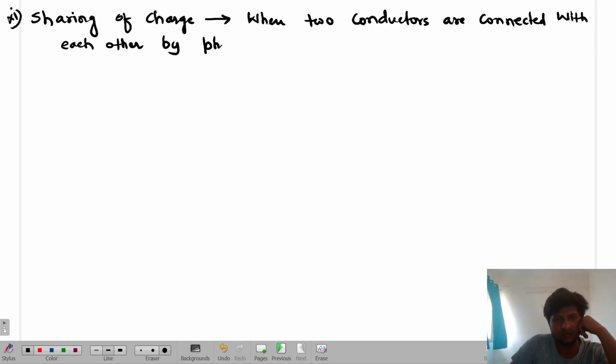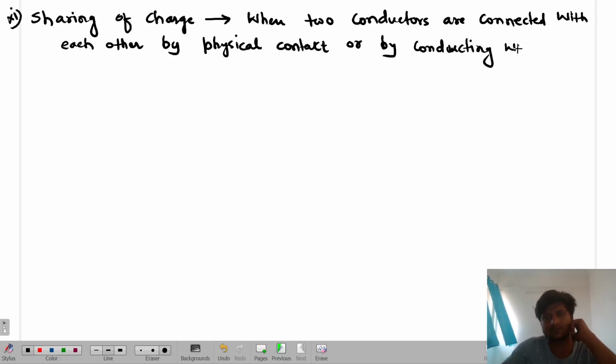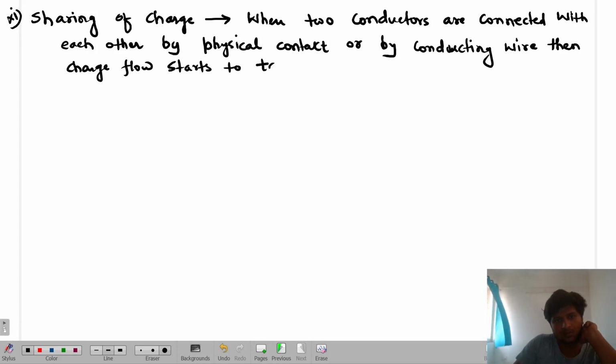Connected to each other by any kind of physical contact or by conducting wire, then charge flow starts to take place. Is that clear? क्या होता है इसके वजह से चार्ज फ्लो बढ़ने लगता है, isn't it?